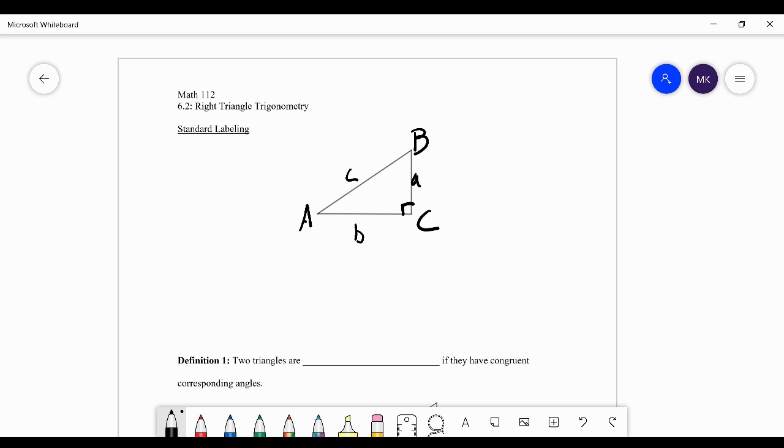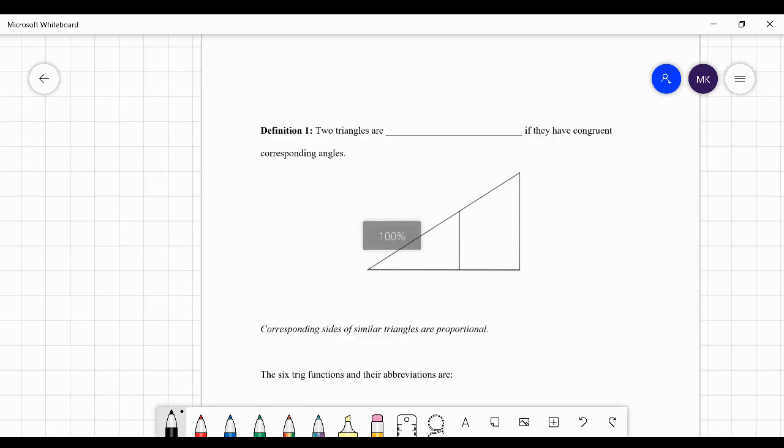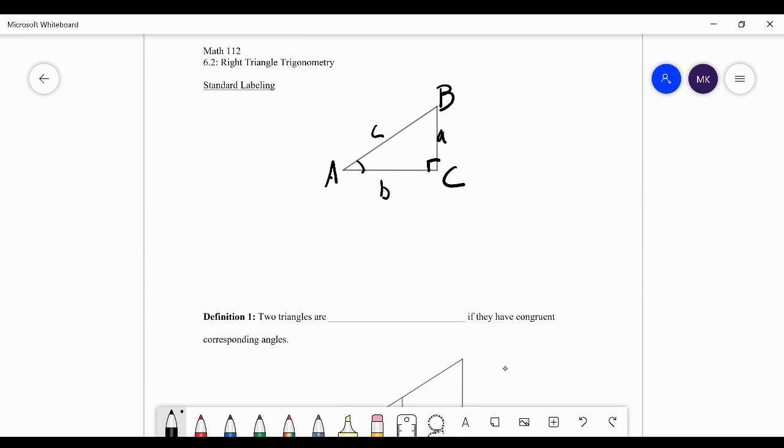And then the angles themselves, we use Greek letters to represent those. For a right angle, we always make it a square. Otherwise, it's something like this. And so we use the Greek letter alpha there, the Greek letter beta here, and this is the Greek letter gamma.